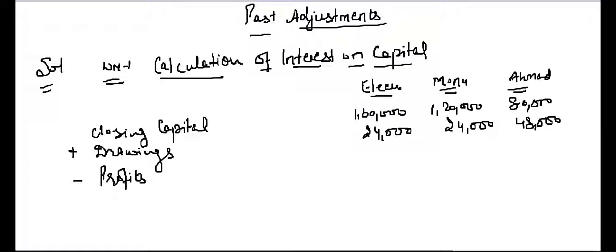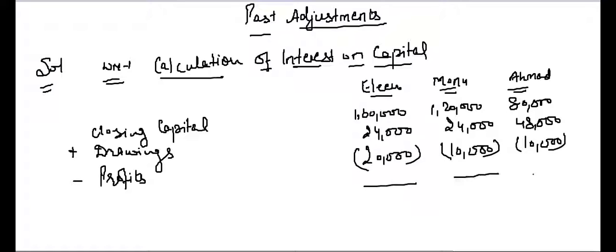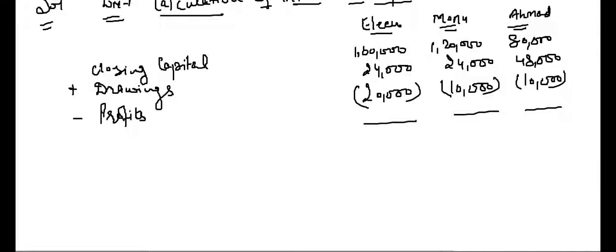The profits of 40,000 were distributed in the ratio of 2:1:1. So that means the profits were distributed as 20,000, 10,000 and 10,000. We'll subtract this. So what we will get is the opening capital.